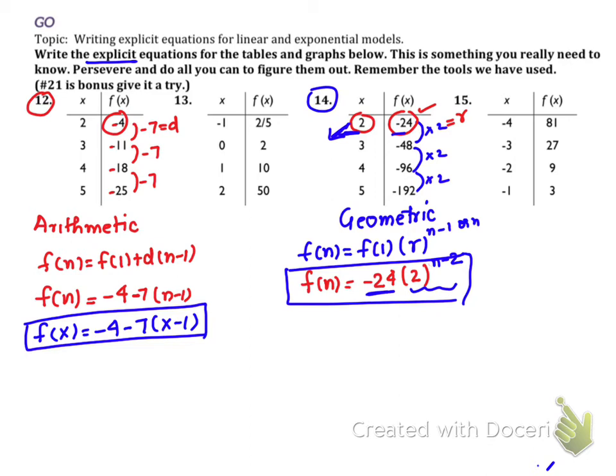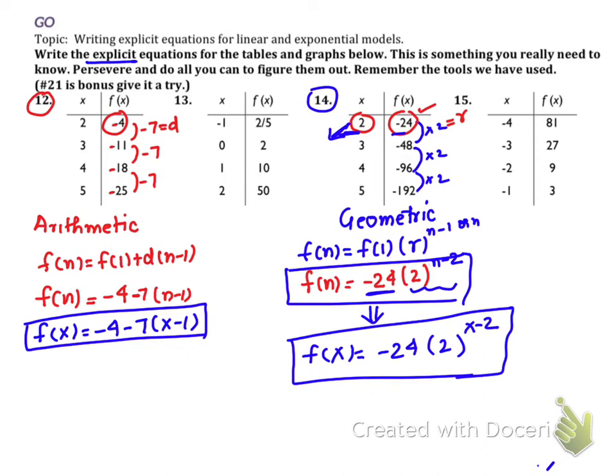But keep in mind we are using x here, so I just change my notation. So I get f of x is negative 24 times 2 to the power x minus 2. So you use this one, because in our book we are just using n every time. So now you change the representation. Let's move to the next question.